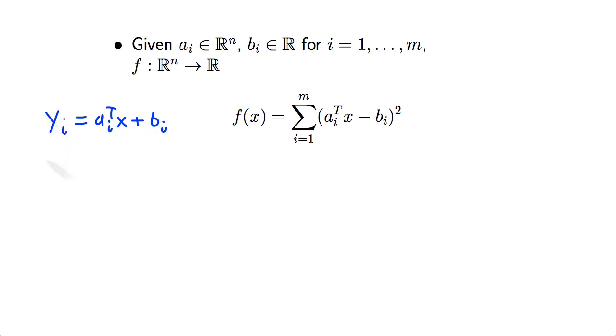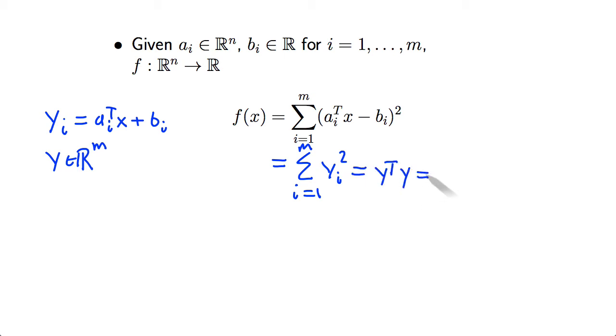So y really here would be a vector in R^m. In that case, this function would simplify to the sum from i equals 1 to m of y_i squared, which we know from the past video can also be written as y transpose y, or even more simply, as the squared L2 norm of y. This is just the definition of the squared L2 norm.